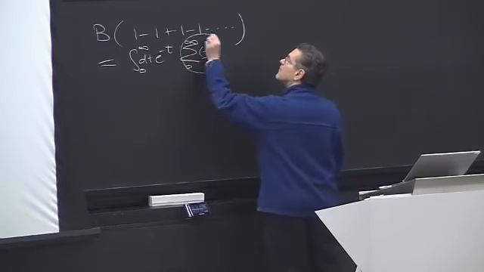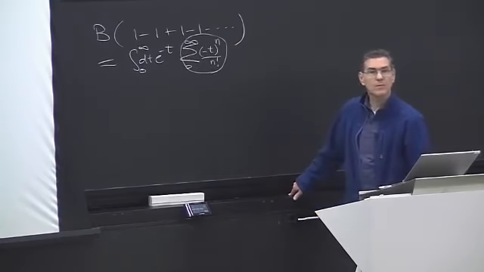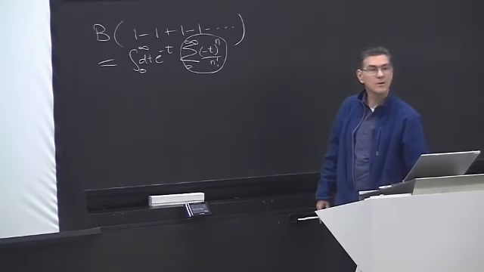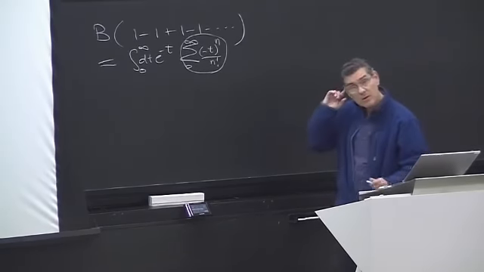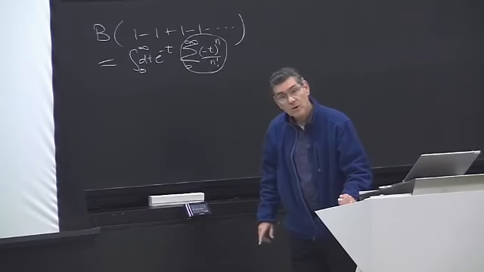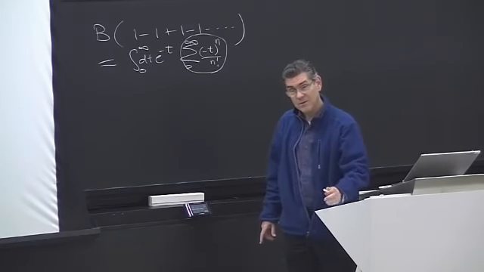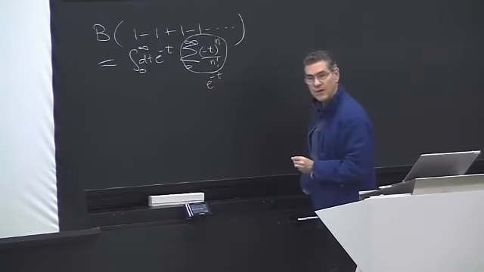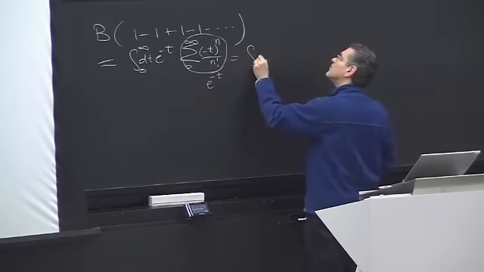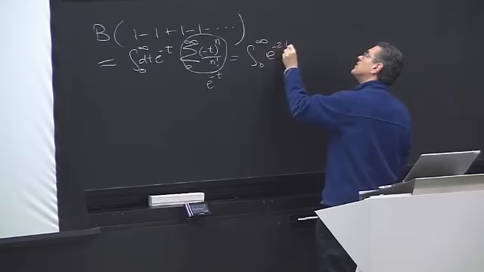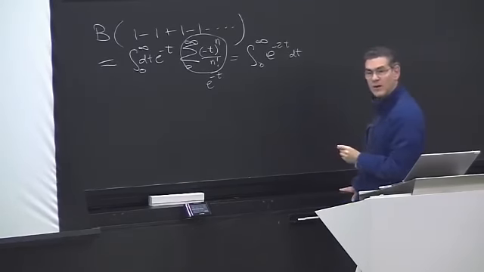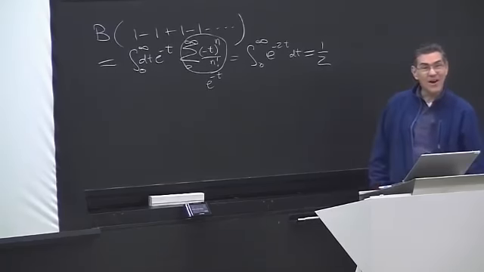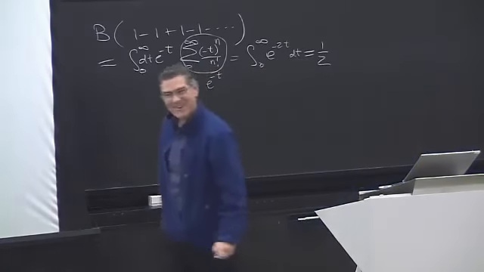What is that sum? That's right. It's e to the minus t. So this integral is e to the minus 2t dt, which is 1/2. Unbelievable! Look at that.